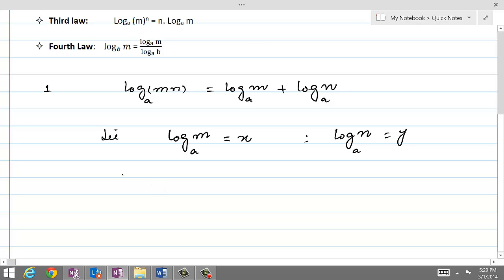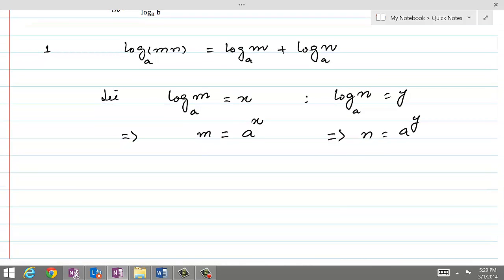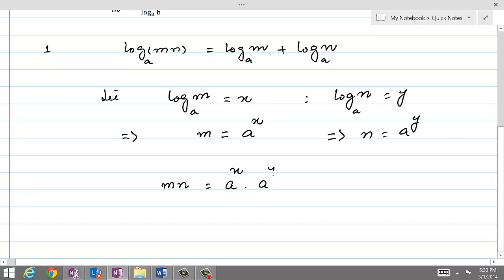And we are going to convert this logarithmic form into exponential form. That's why we have m is equal to a power x, and here we have n equal to a power y. Now once we have values for m and n, we will take the product m times n. This is equal to a power x times a power y.